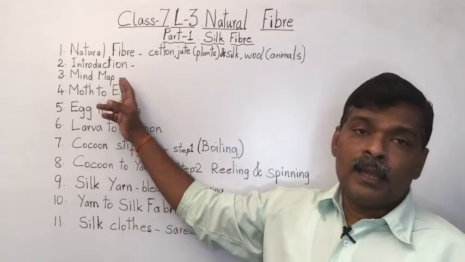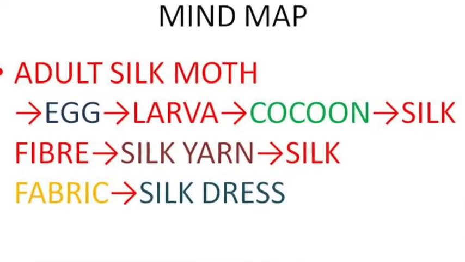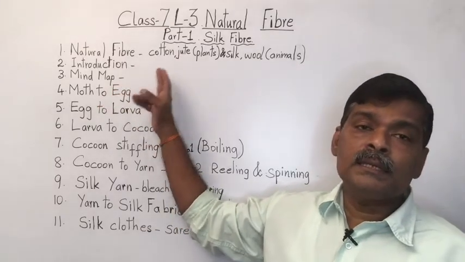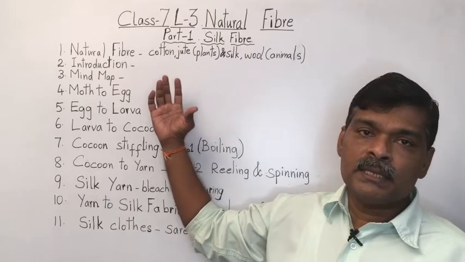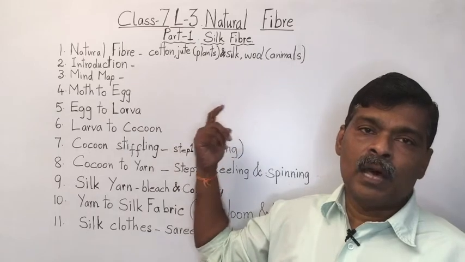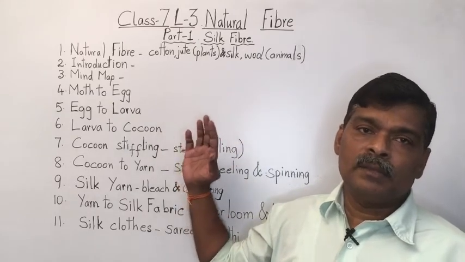So I have a mind map of how it is produced. Silk mostly comes from the adult silk moth, the bigger insect, which lays hundreds of eggs. The eggs give larva. The larva metamorphoses and becomes a cocoon.